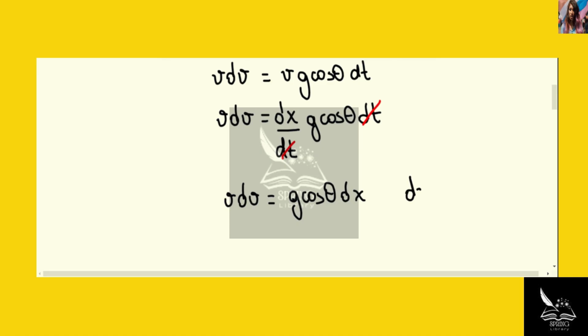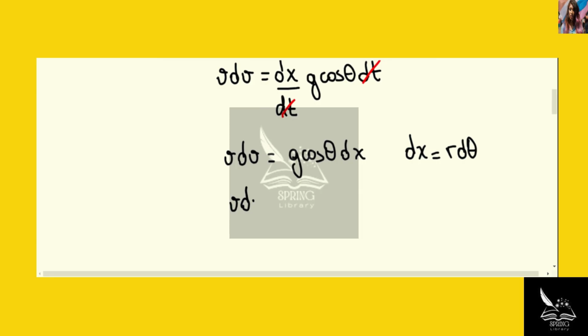Now we can associate the element of arc length with the element of angle by the formula r d theta. So we have v dv is equal to g cosine of theta r d theta. Now I'm going to integrate from the speed when theta is equal to 60 degrees, which is 0, to the speed when theta is equal to 90 degrees, which is just v.